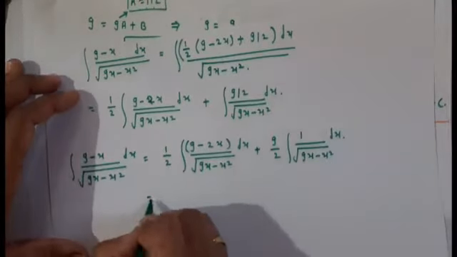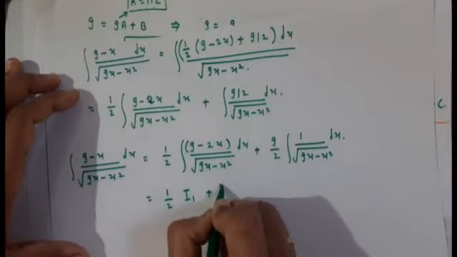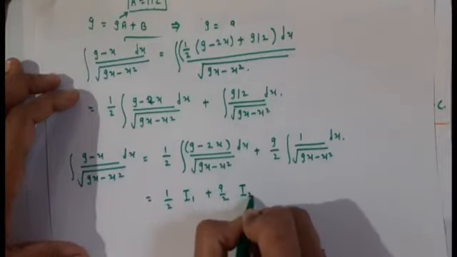Okay students, and this is 1 upon 2 I1 plus 9 by 2 as I2.